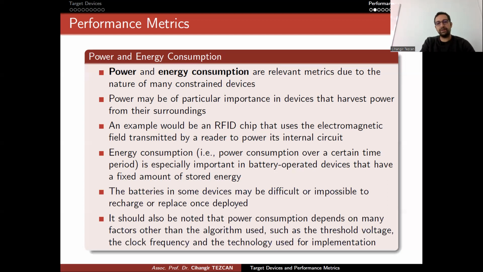It should also be noted that power consumption depends on many factors other than the algorithm used, such as the threshold voltage, the clock frequency, and the technology used for implementation. So with better nanotechnology, you can build smaller devices, and once the devices get smaller, they consume less energy. This is why we can actually get better GPUs all the time.